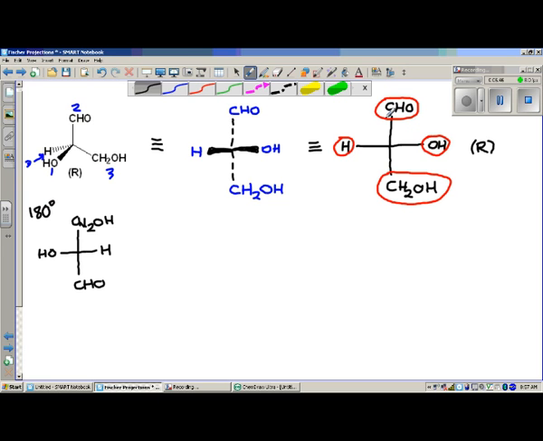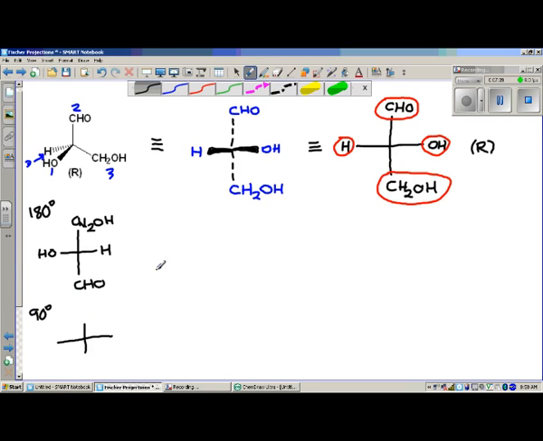The one thing you cannot do for a Fischer projection is rotate this molecule by 90 or 270 degrees, because that alters the meaning of what the Fischer projection is representing. Let me show you what I mean. I'm going to draw the same structure down here, but after a 90 degree rotation to the right.